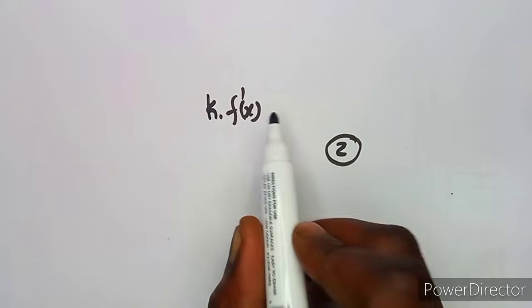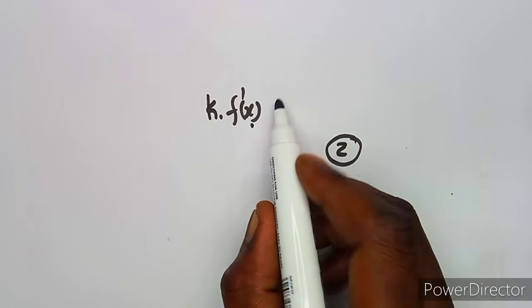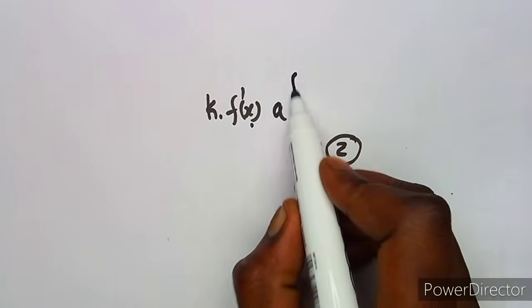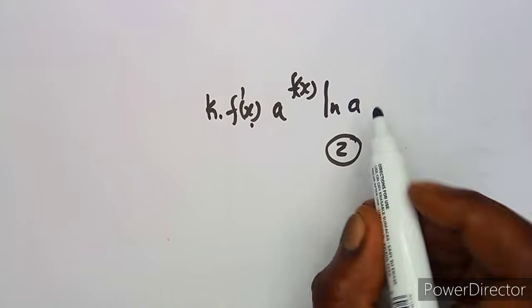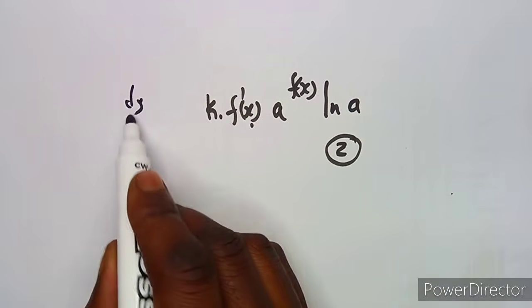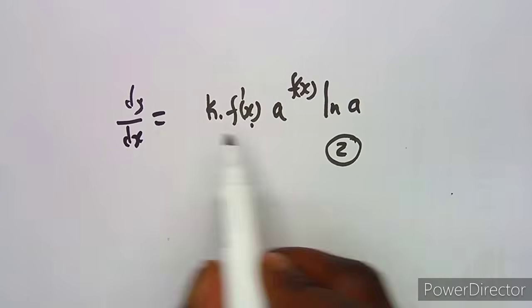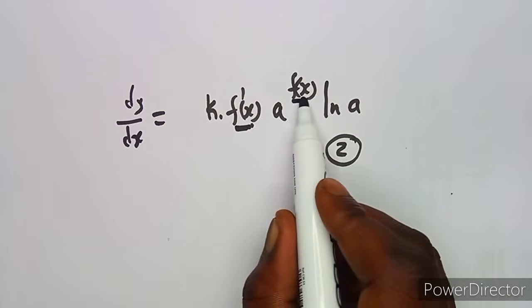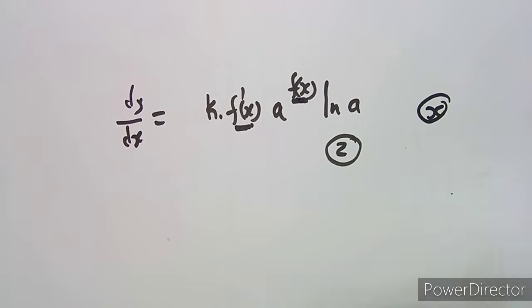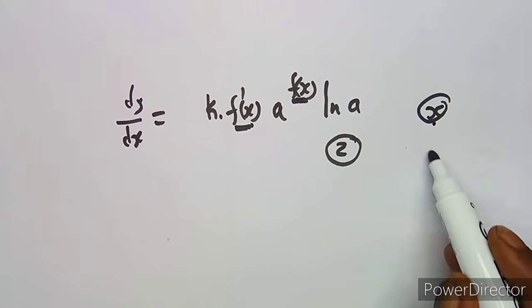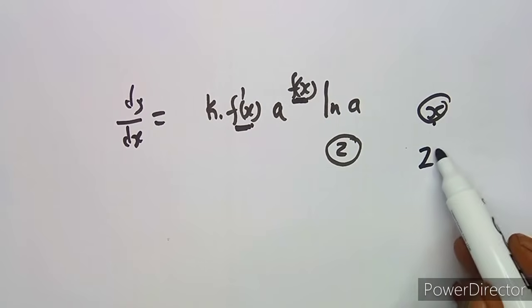So you're going to have k, the derivative of f of x, then a to the exponent of f of x, ln a. This is supposed to be your dy/dx like this. When there is a function of x here, which is not a straight x, but you're given a condition like 2x.